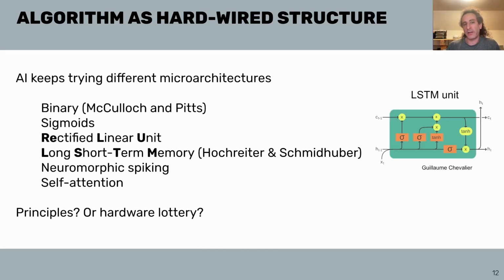AI has tried over the years to keep updating the algorithms, and really these are microarchitectures that have been potentially useful for computation. In 1943, the earliest example of using brain-like computing to solve problems was the McCulloch and Pitts neuron, which basically used neuro-style logic gates, which were binary and used summations and thresholds.